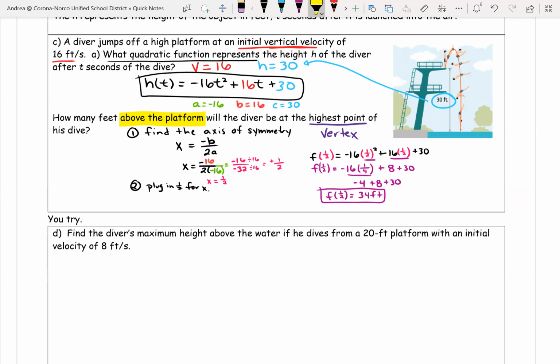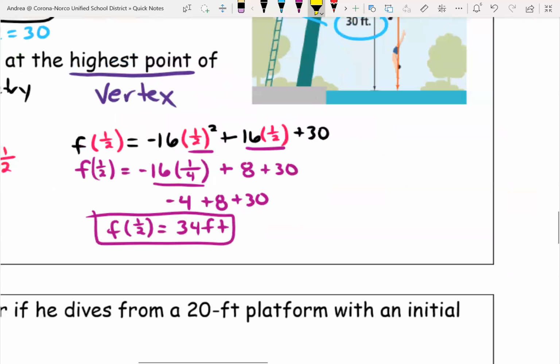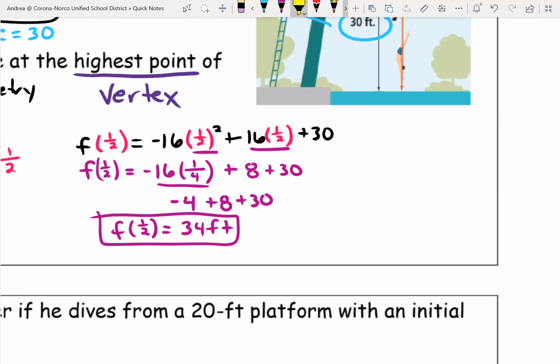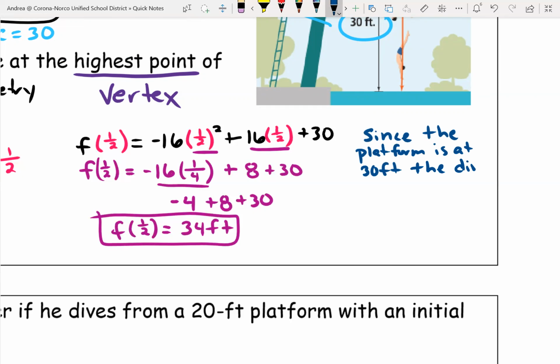I just want above the platform. So we're going to write that. Since the platform is at 30 feet, the diver is 4 feet above the platform. And that's my answer.